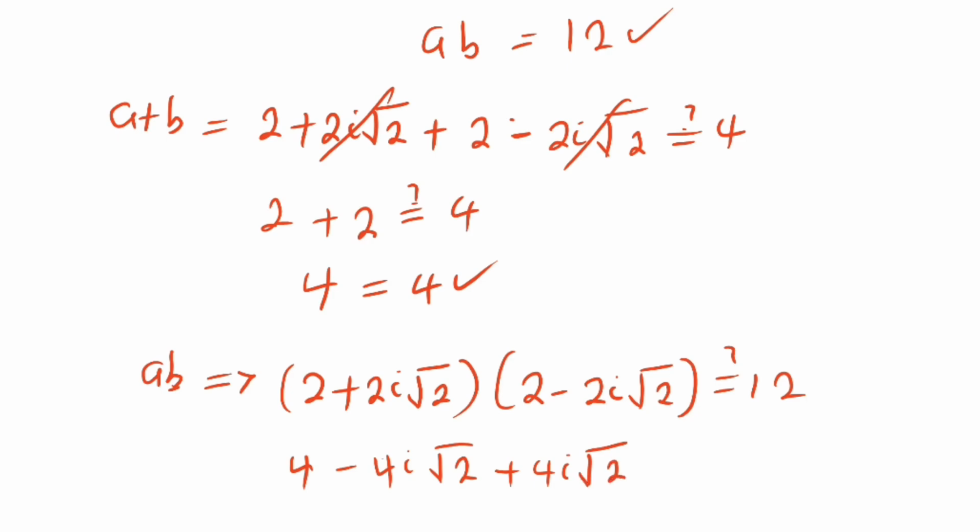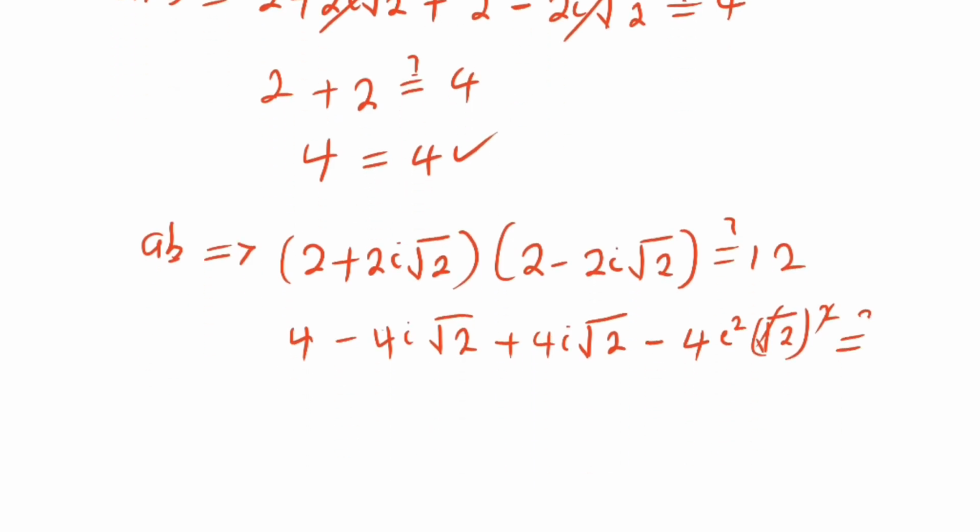Then 2I root 2 multiplied by 2I root 2, this is 2 times 2, we have minus 4I square root 2 square. So this cancels this, all must be equal to 12. We have this cancel this as well.